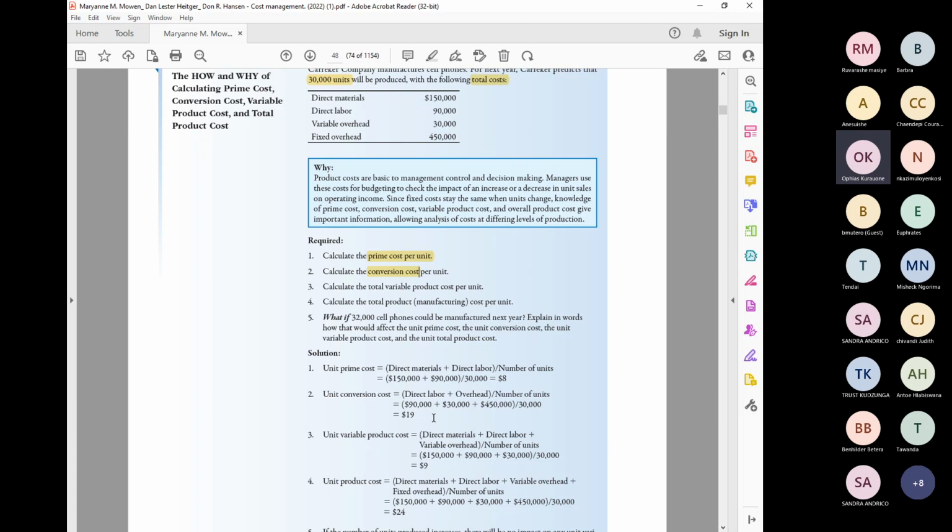Because generally, for conversion cost, we are not worried about the direct material, but we want the cost of converting an item into a product. What are the activities which are going to take place here? For example, we are going to have direct labor and overhead.